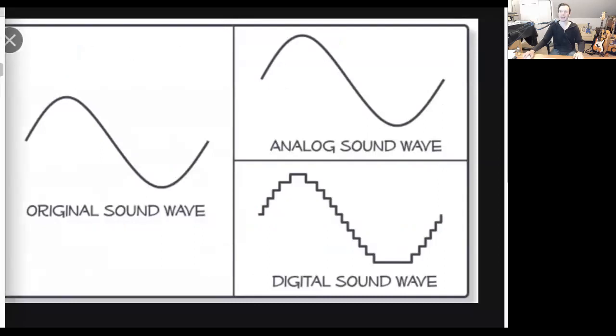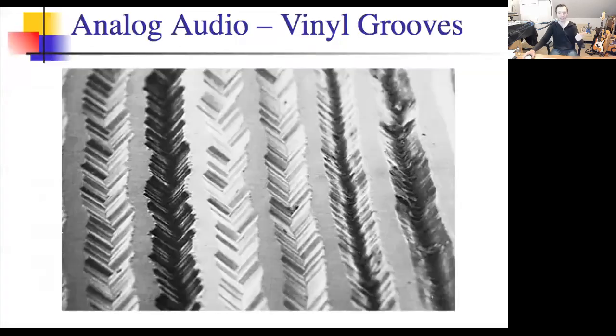And if we take a look at what this looks like on a record, it's crazy. It looks like that. And that is the actual etching, like stone tablets of audio information. If someone handed an alien species this, what would they do?